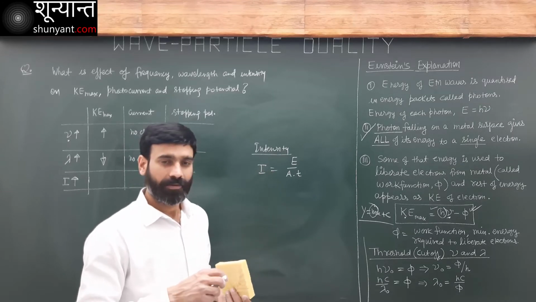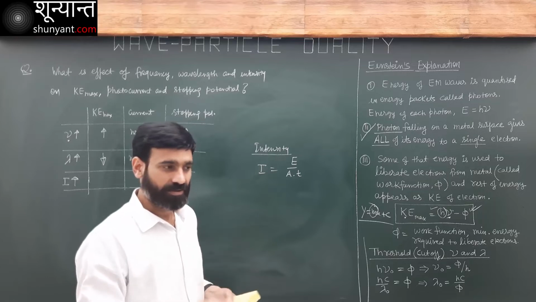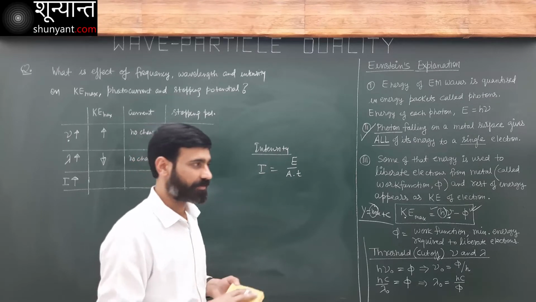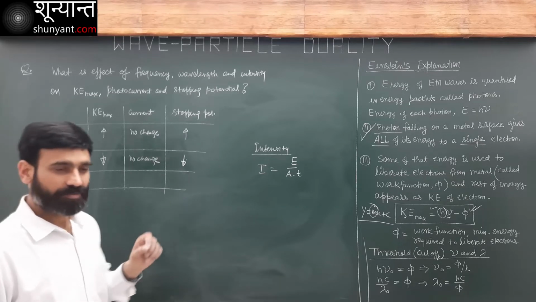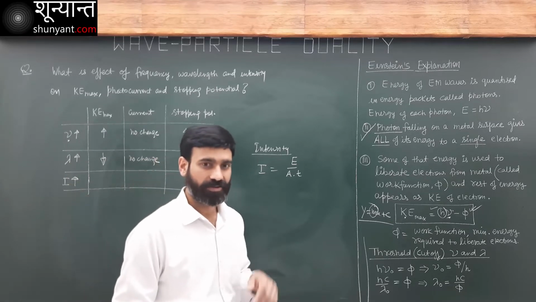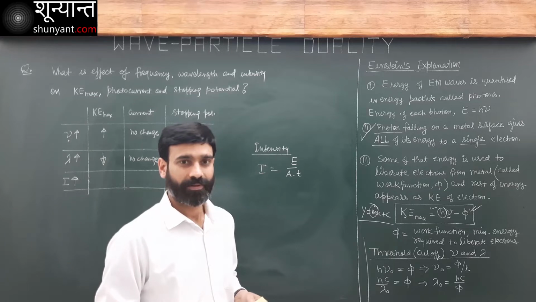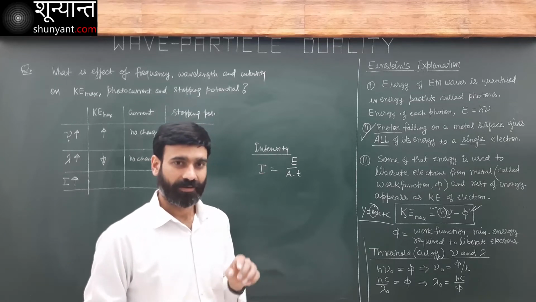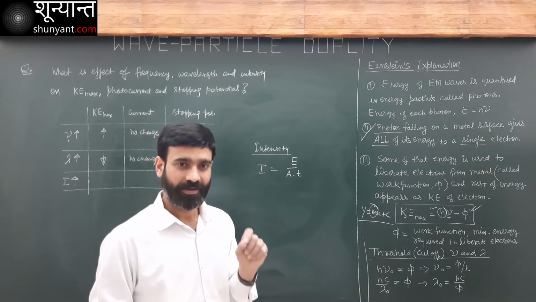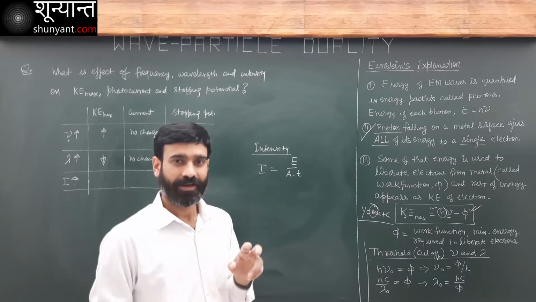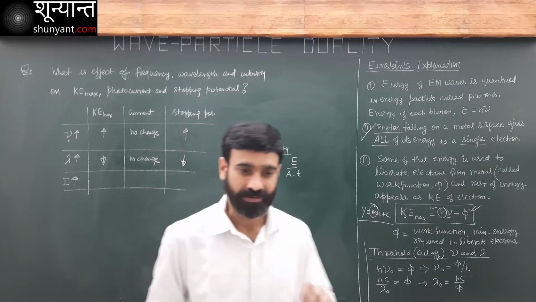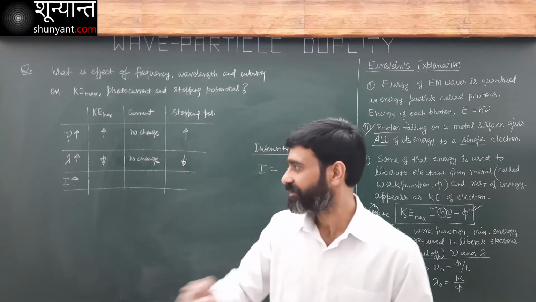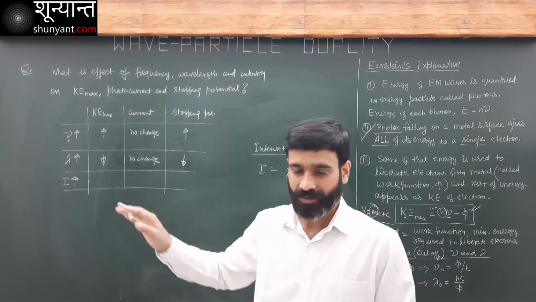Now, if intensity increases, try to understand this. If intensity increases, that means per second now I am getting more energy. That increment in energy can be obtained by two methods. Try to understand this very clearly, otherwise this is going to be very confusing.